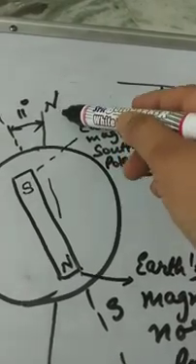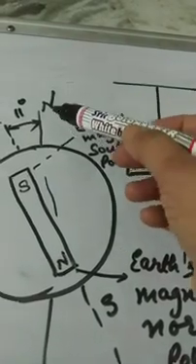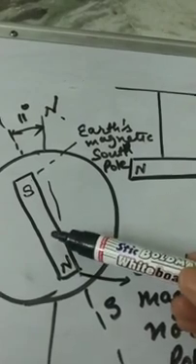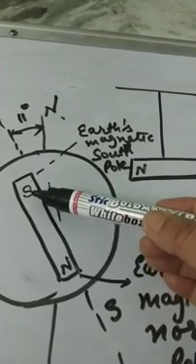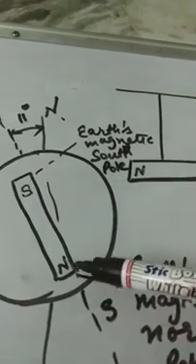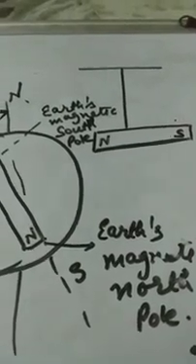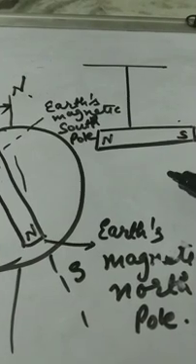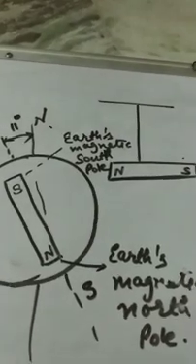If we imagine that a big bar magnet is there, then the south pole toward the north acts like Earth's magnetic south pole, and the north pole toward the south acts like Earth's magnetic north pole. That's why when we suspend a bar magnet freely, it always points toward the north and south direction of the Earth.